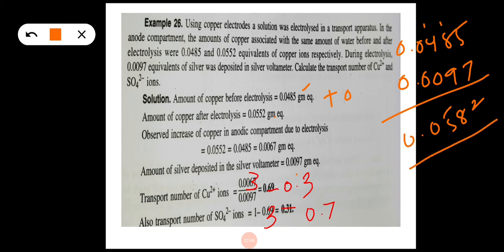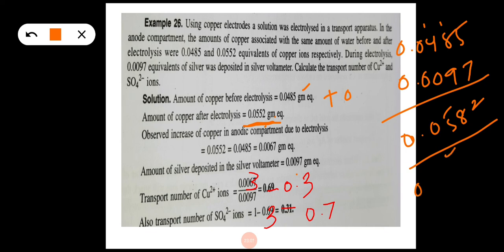So this much should be the concentration of copper ions in the anodic compartment after the electrolysis, but the concentration is found to be this much only. It is less than expected.